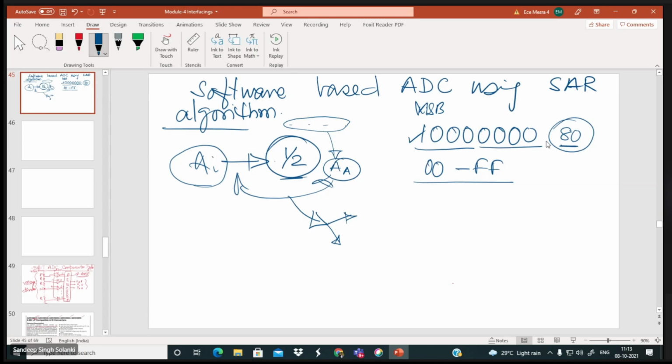We were discussing that we need a register, and that register has to be approximated by assigning a bit at MSB level, and after that this needs to be converted into analog, and that analog has to be compared with the input analog, and their comparison result will give us an idea whether our approximation is going in the right direction or not. That is what I have explained to you regarding the SAR algorithm.